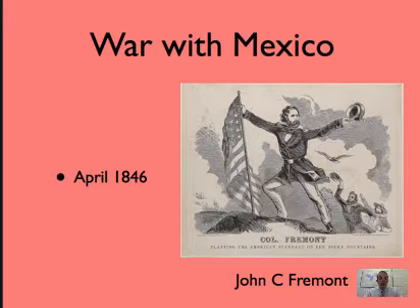There were already U.S. ships off of the Pacific coast of California ready for war. So this is not an accident that we went to war with Mexico. This is part of Polk's plan.